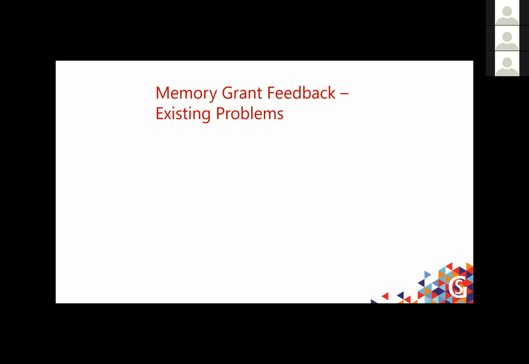Okay, so the next part we have is memory grant feedback. Imagine the scenario. Your query is submitted. It goes and checks the stats, and then typically after checking the stats, it tells the query optimizer or the database engine that it needs a certain amount of memory to run this particular query.